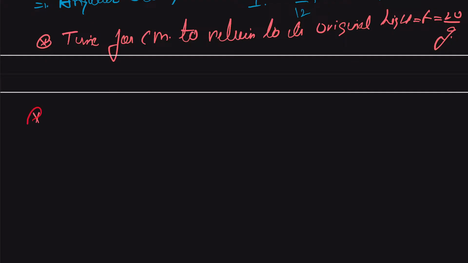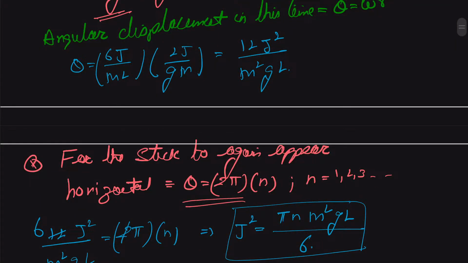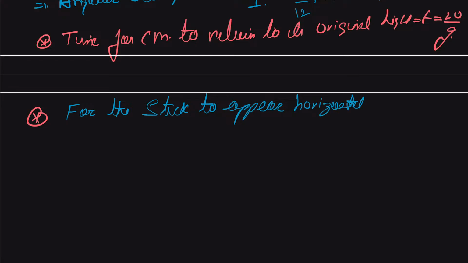And for our value of theta, which we also calculated, we can say that for the stick to appear horizontal again, the angular displacement, which is theta, that is omega t, should be equal to 2 pi times n.